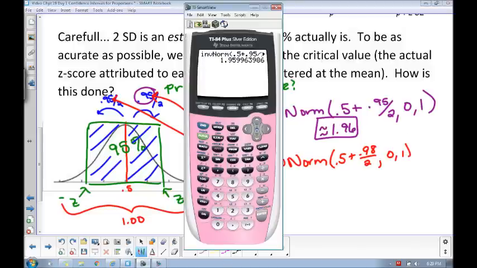And so I'm going to go back to my calculator. Inverse norm, and just tap over that and make it an 8. And if I were to do a 98% confidence interval, I'd use the number 2.33.